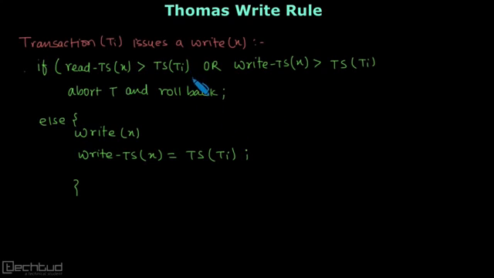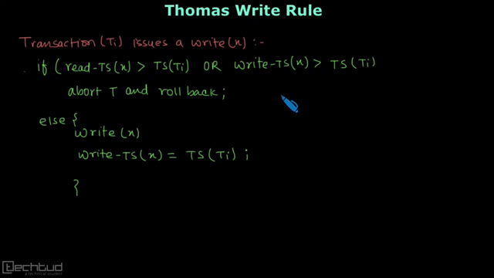So far we have understood what timestamp ordering is, what a timestamp itself is, and we have learned the basic timestamp ordering protocol. In basic timestamp ordering, we have seen that it enforces conflict serializability. But that is not the actual requirement.